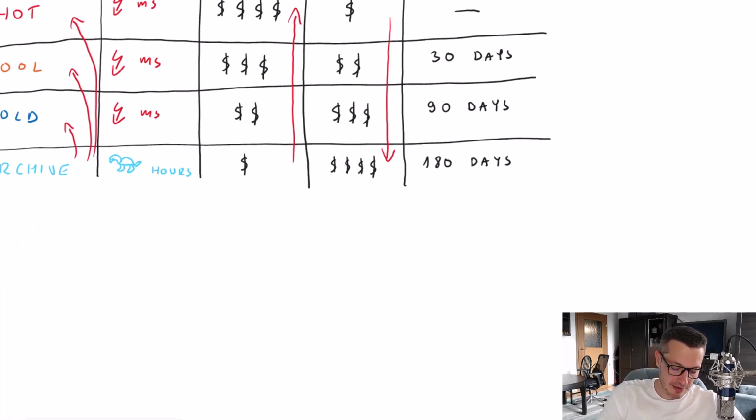So let's say we've got a file stored in our cool access tier. And we know from the table that it should be kept in this access tier for at least 30 days.